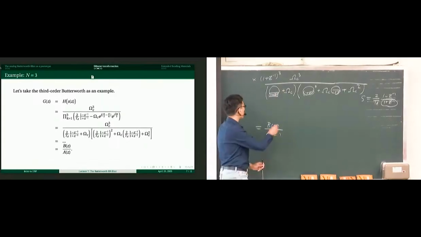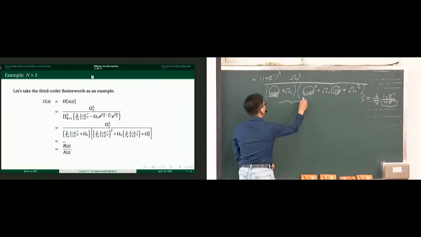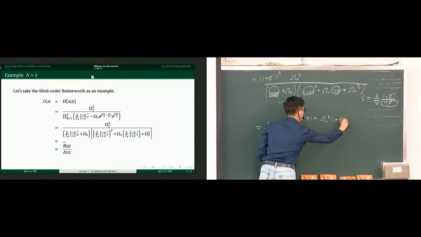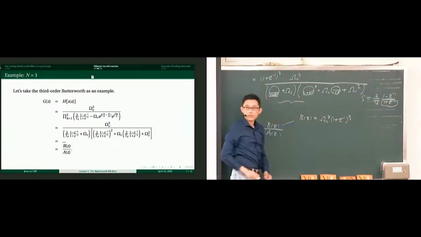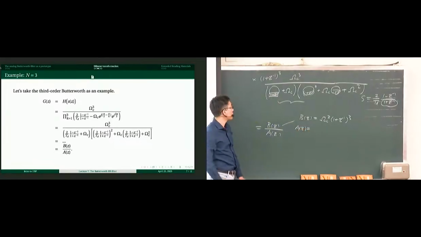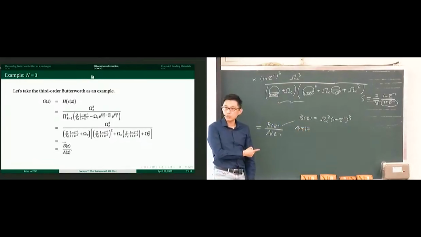After doing that, B of z seems to be just omega cutoff frequency to the third power times 1 plus z inverse to the third power. We get this, okay? But how about A of z? A of z, I will not find the final expression because your computer, MATLAB, can do it for you.